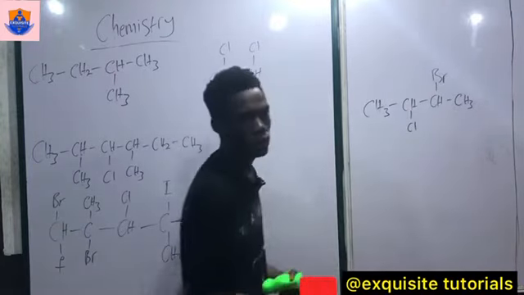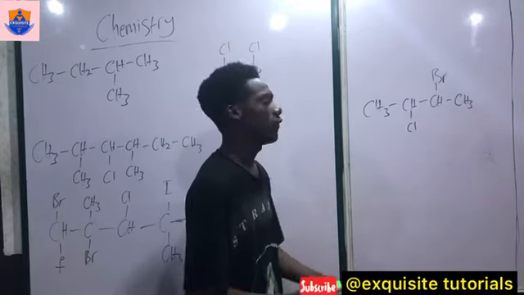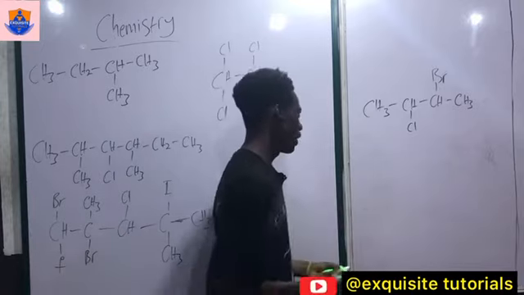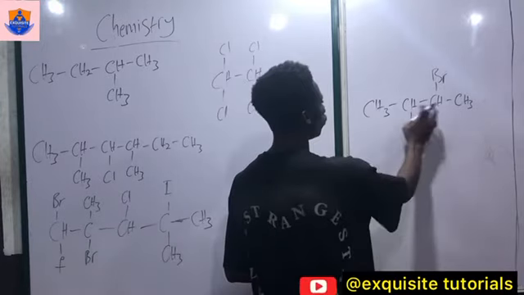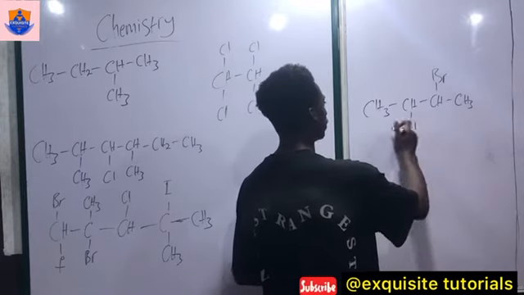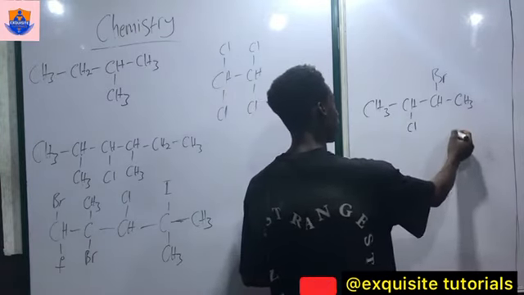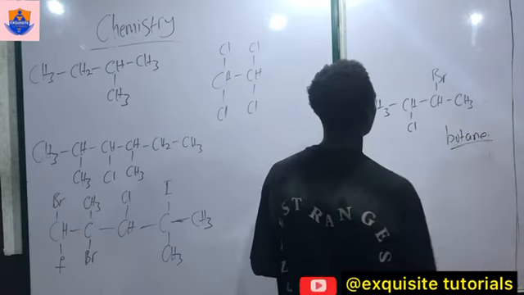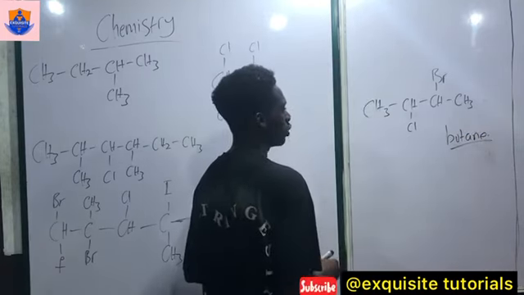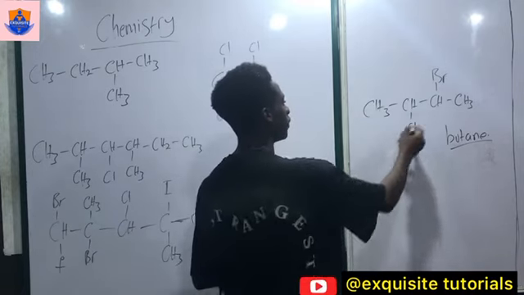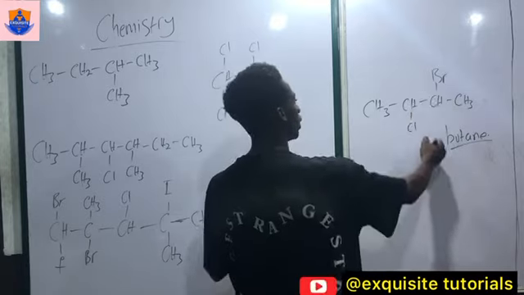How do you name this compound? Simply, first find the longest carbon chain you will name to. We have this to be 1, 2, 3, 4. This is the only chain, so this should be the longest chain, and this should be butane. But the name of this compound is not actually butane, because we already have a branch and a branch.